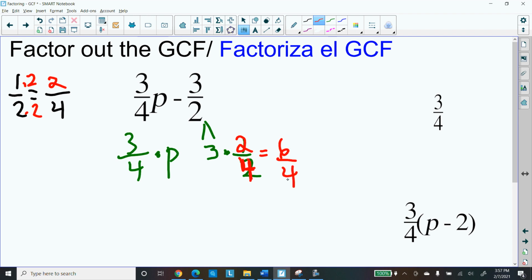And if I want to show you what 6/4 is really, I can say that would be 3/4 plus 3/4, or I could say 2 times 3/4. So now I can see where the common denominator is. Let me clean this up a little bit.